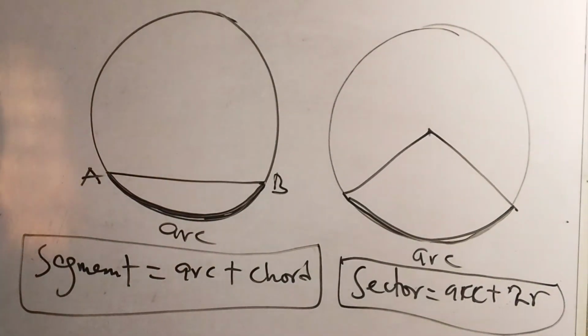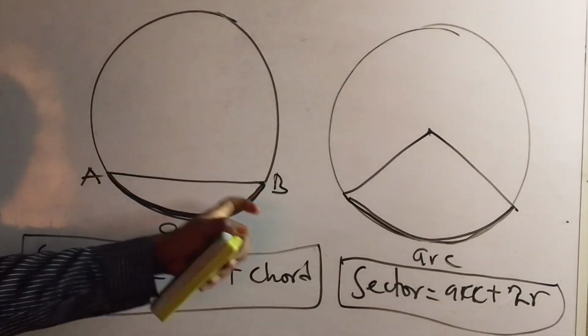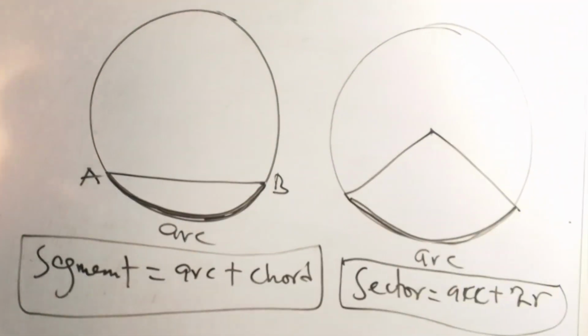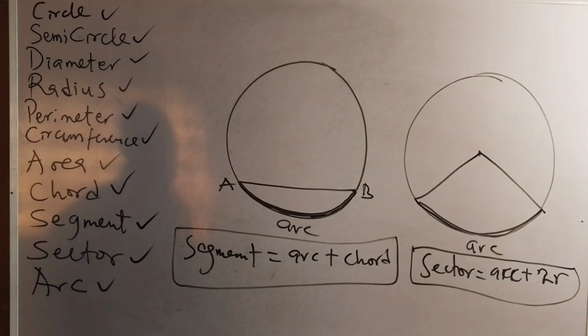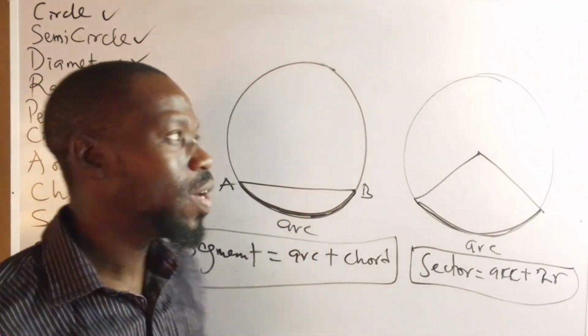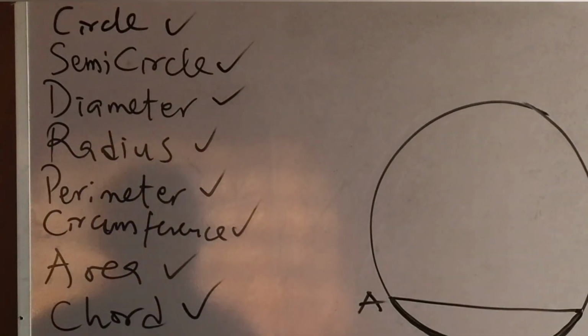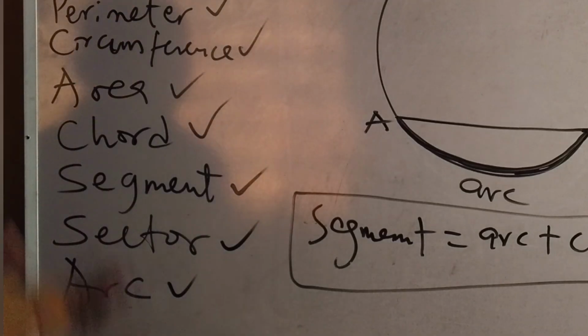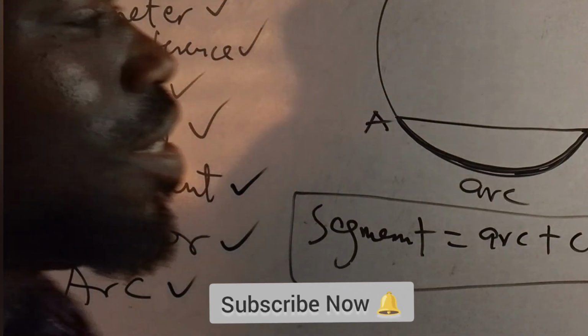Can you see it? A segment is an arc plus a chord. A sector is an arc plus two radii. All right. So with this, we've touched the major aspects of the circle, right? We talked about semicircle, diameter, radius, perimeter, circumference, area, chord, segment, sector, and an arc. Thank you.